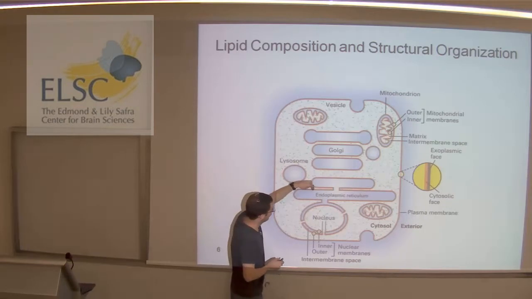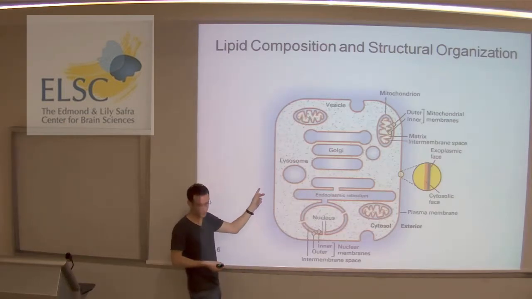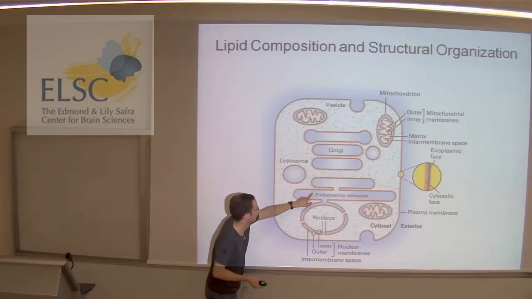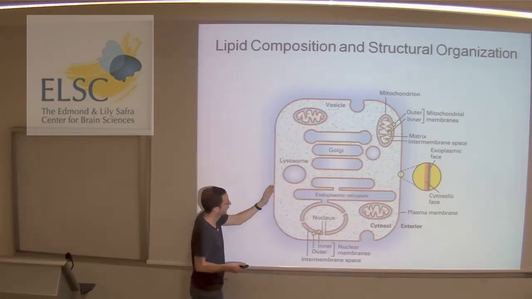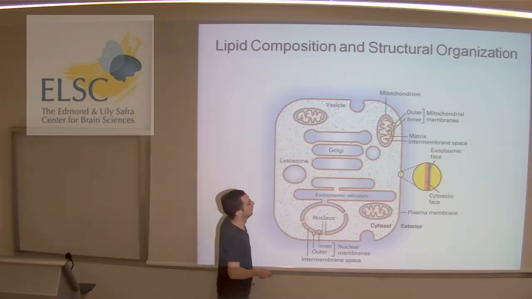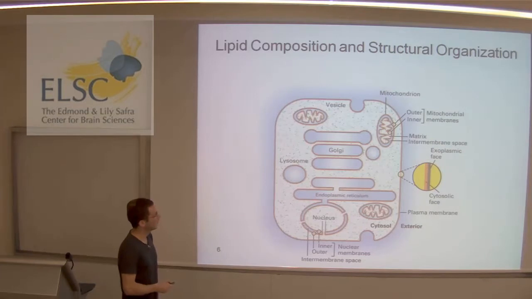So, for instance, a protein that will be localized in the intermembranal space of the endoplasmic reticulum will eventually find itself facing towards the exoplasm. You see this? A protein that will be harbored right here in this lipid layer will find itself eventually facing towards the exoplasm. So this is the way the different organelles are connected between each other.